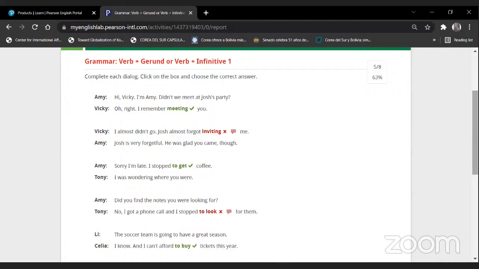So after a gerund you will have for and an object pronoun.